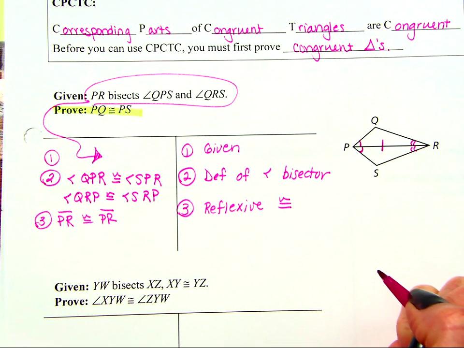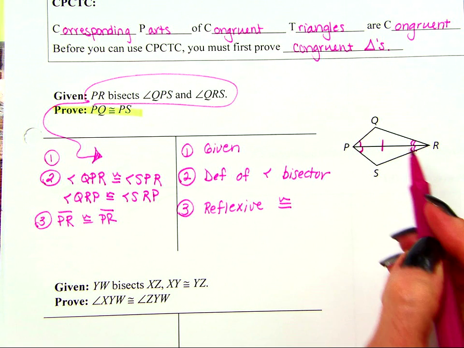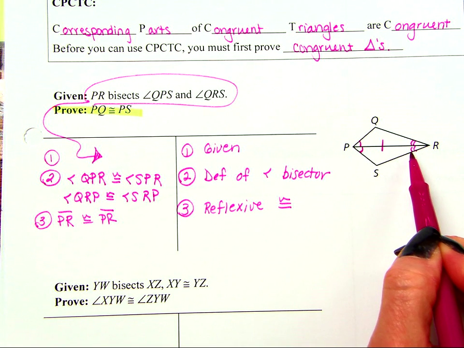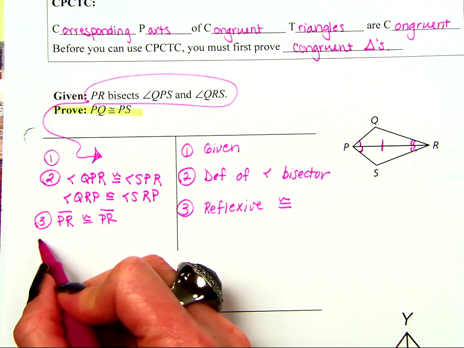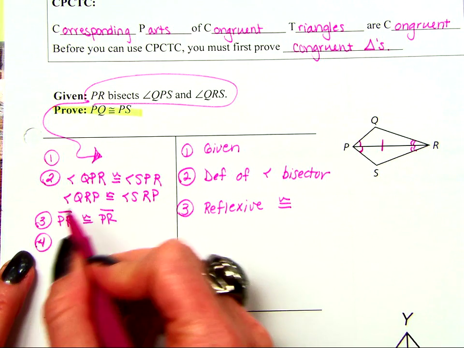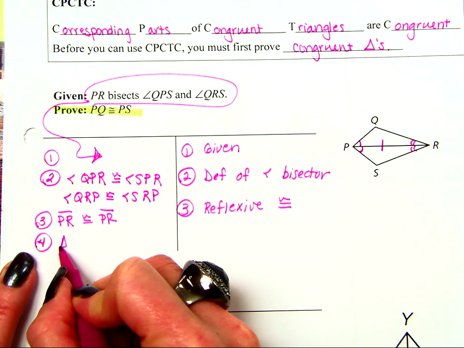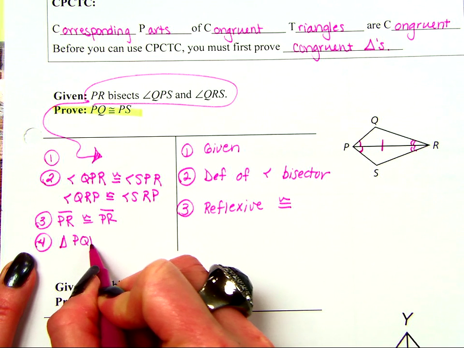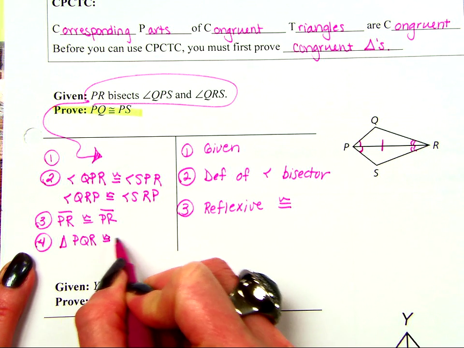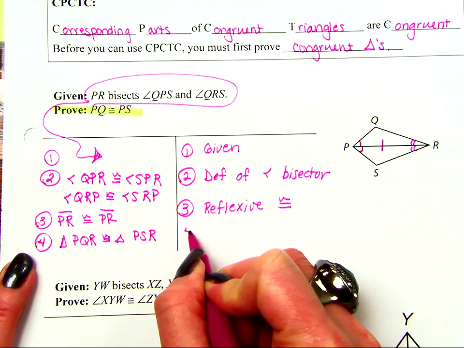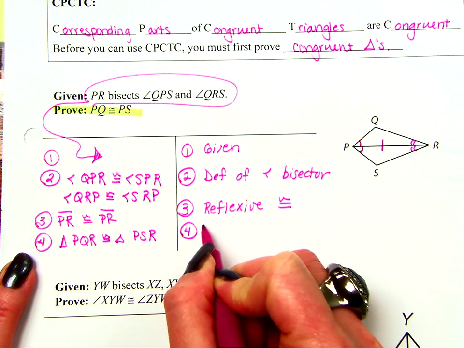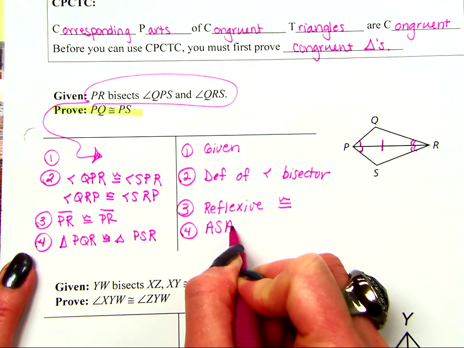And now I do see that I have congruent triangles because I have proven one of my shortcuts, angle, side, angle. So I can go ahead and say that my triangle PQR must be congruent to triangle PSR by the angle, side, angle shortcut.